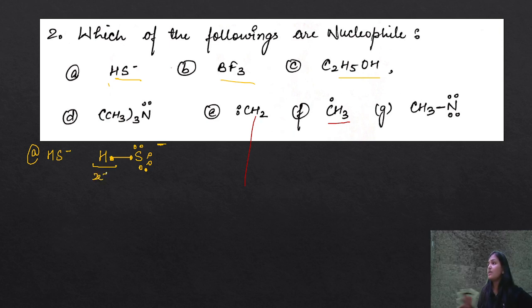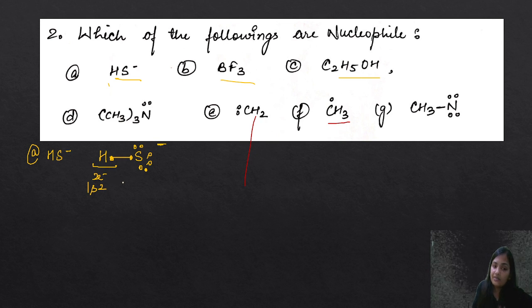Absolutely, hydrogen can have a maximum of 2 electrons because it is a period number 1 species, the n equals 1 shell. And sulfur has 6 valence shell electrons, plus 1 because of the negative charge and plus 1 because of the sharing of an electron. Its octet is complete. It is an 8 electron species.